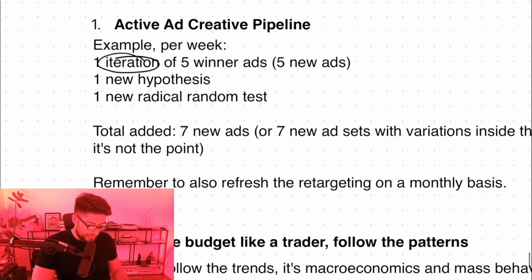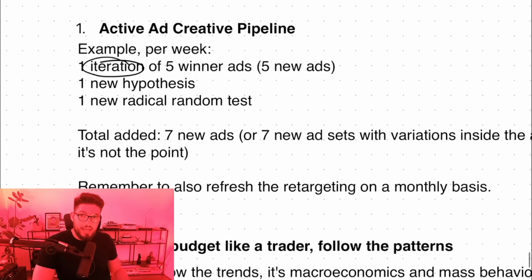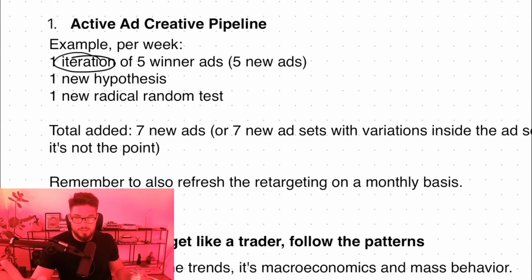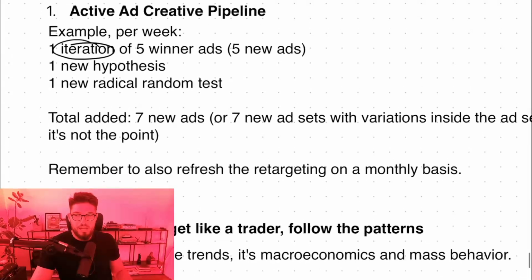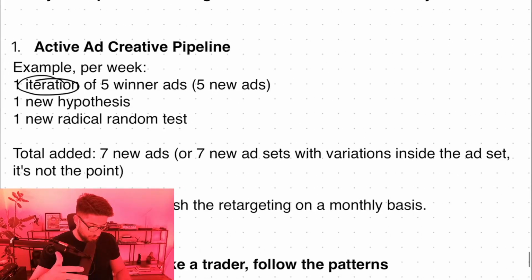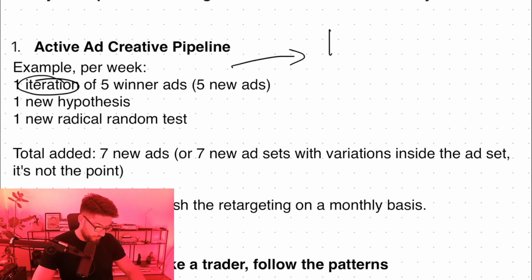So in total, with this exercise, if you do it on a weekly basis, you will add 7 new ads or 7 new ad sets with variations inside the ad set. That's not the point. Let's not discuss that. And also remember to refresh the retargeting on a monthly basis. But basically, this will help you, 1, have fresh content, which is something that Facebook loves.